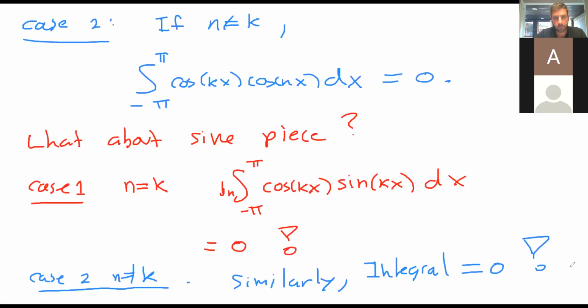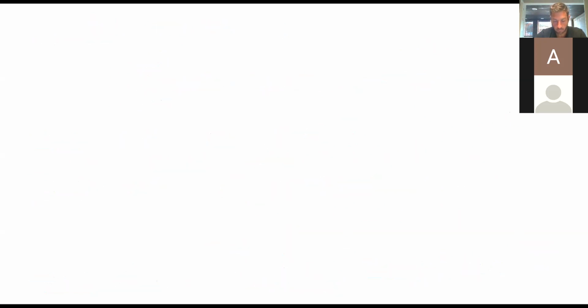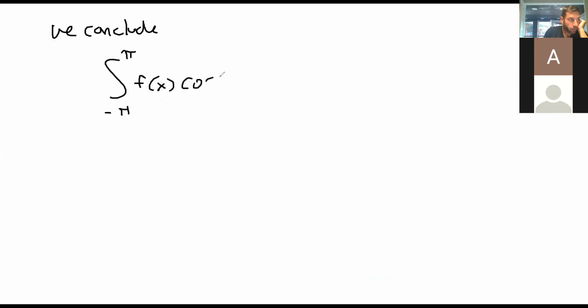So what does that mean? We have to write this down. We conclude, remember the left-hand side was the integral from negative pi to pi of f of x cosine kx dx. What we found is that it's equal to a sub k times pi.